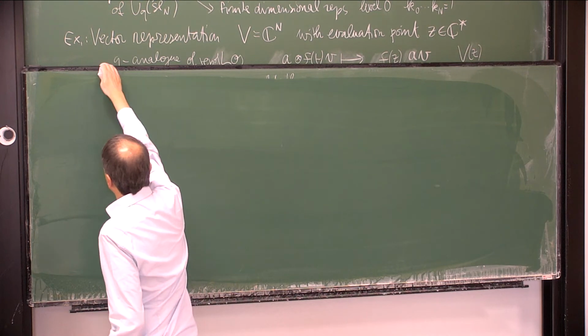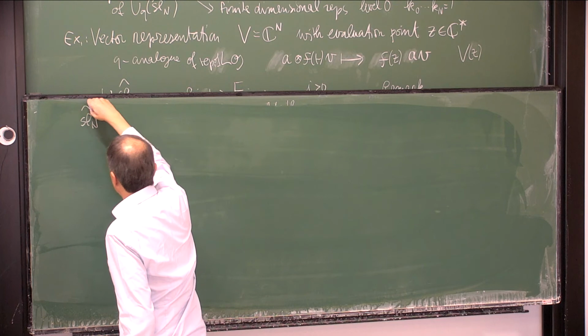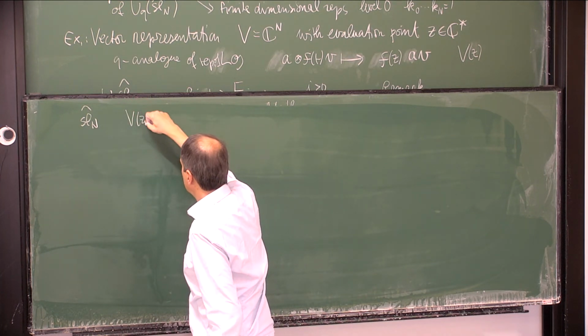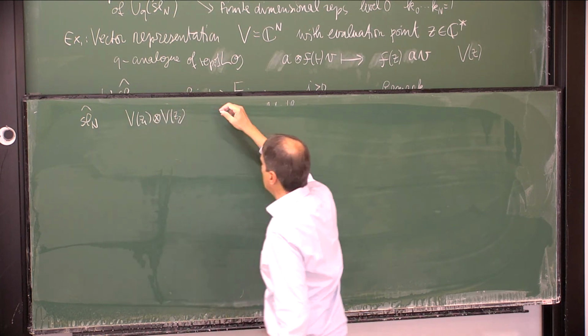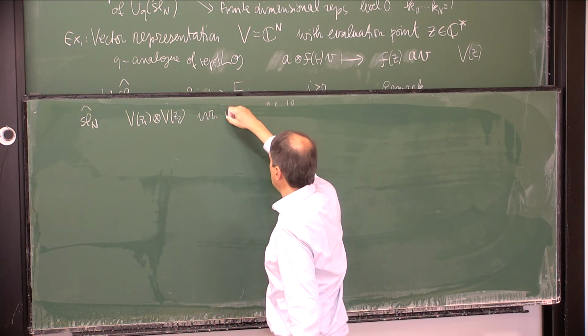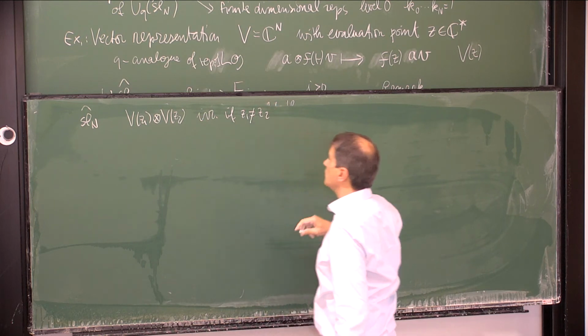So now let's look at SLN hat. So we know that V(Z1) tensor V(Z2) will be irreducible; this will be an exercise in the classical case, in today's exercises, for Z1 not equal to Z2.